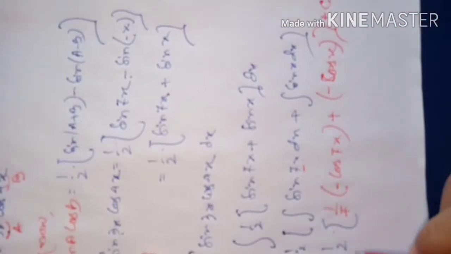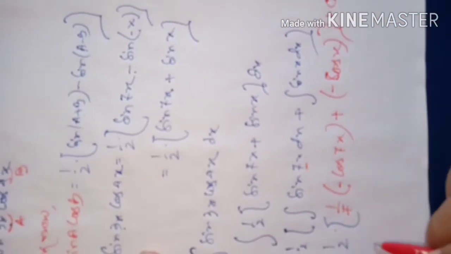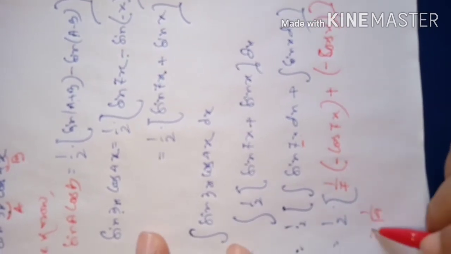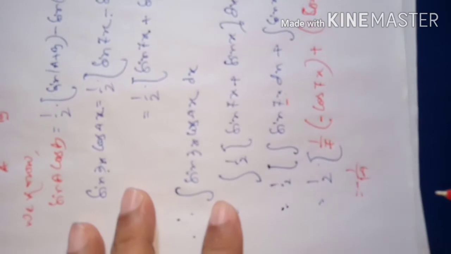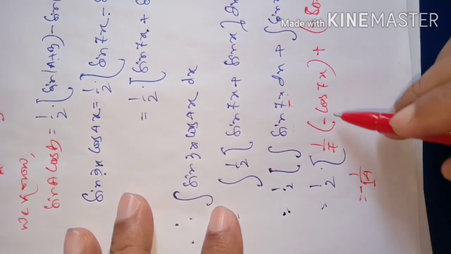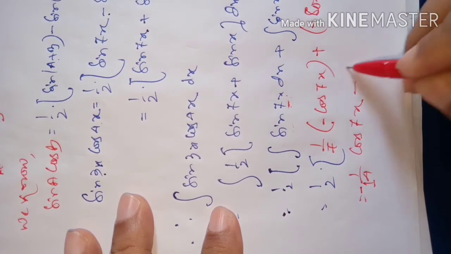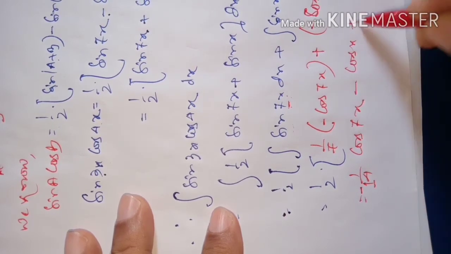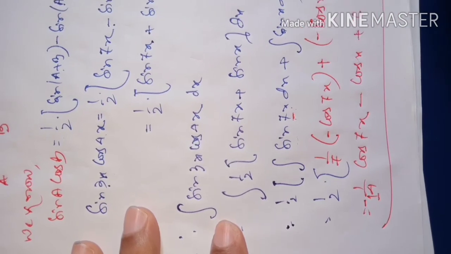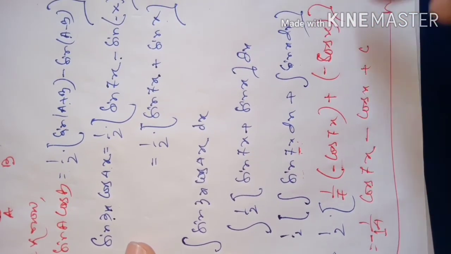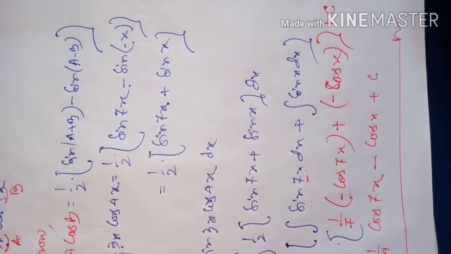Now by this half you can multiply over this, it will be 1 by 14, and this minus will be here, so minus 1 by 14 cos 7x, then minus cos x plus c. This is our answer. Okay, dear students, so follow this type of method for the integration.